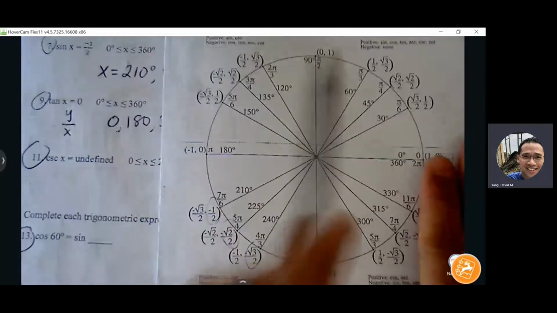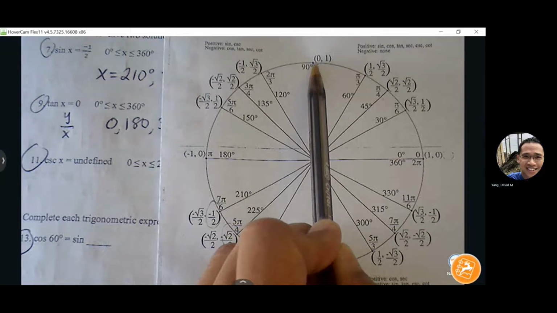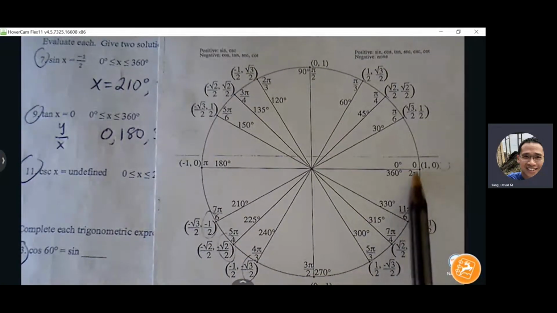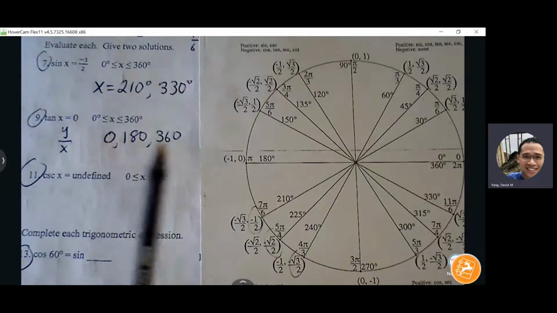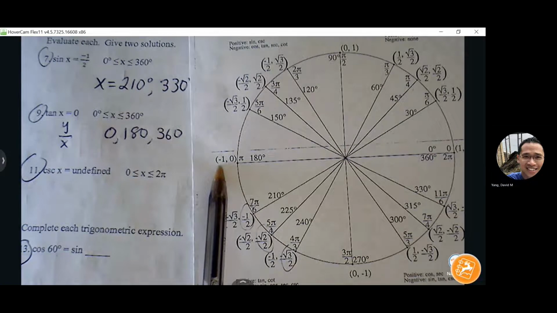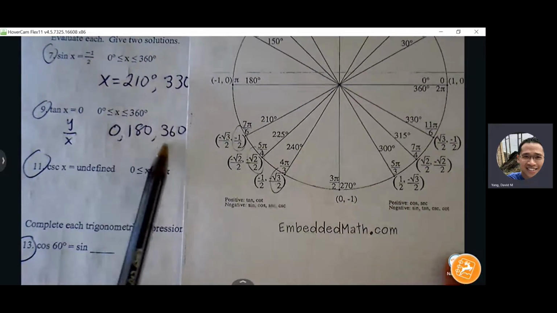So let's look at all the y over x's. 1 over 0 doesn't make sense, so that's not 0. How about 0 over 1? That is 0, so that's a possibility. So I can do either 0 or 360. How about 0 over -1? That works too, so 180. But I can't do 270 because -1 over 0 is not 0, so I eliminate that. So just 0, 180, or 360.